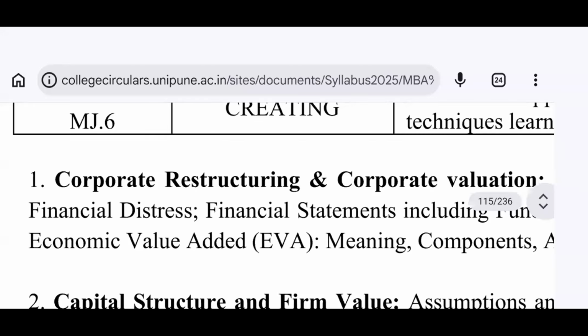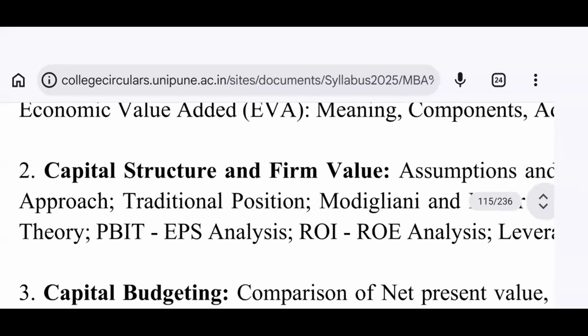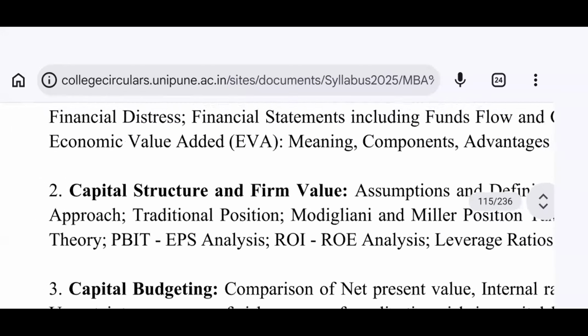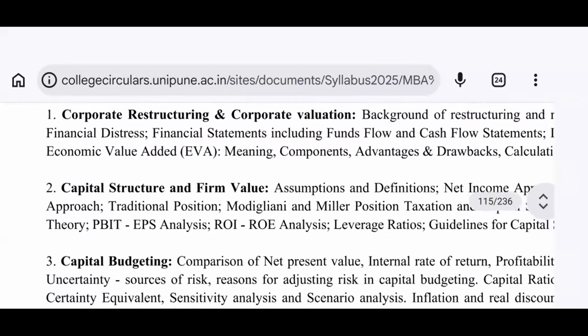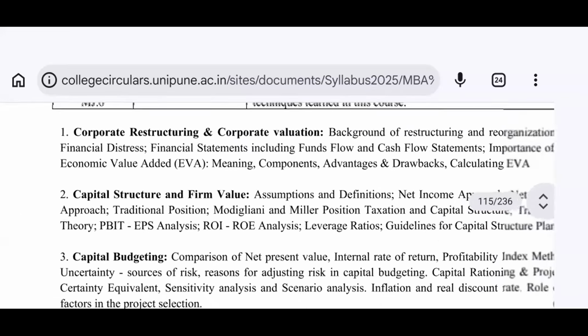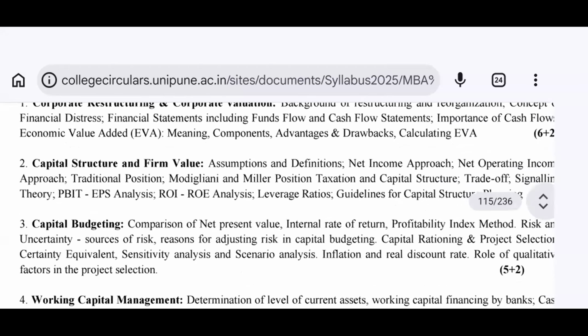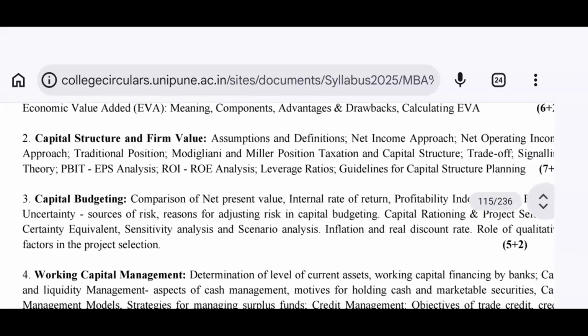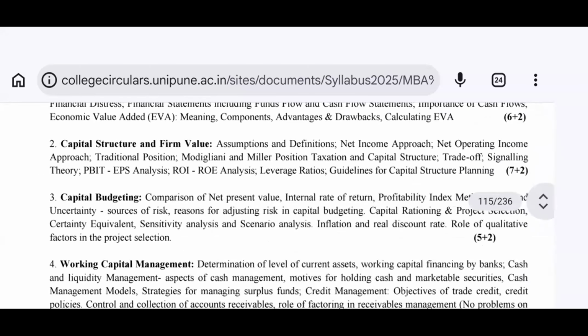In capital structure and firm value, you have different theories of capital. These theories were also present in your second unit, but we have not studied the numerical part more. Now, in this unit, we are fortunate to discuss more and more details about these theories.